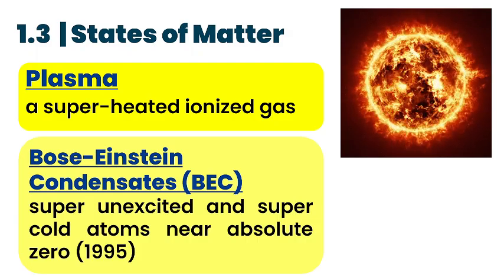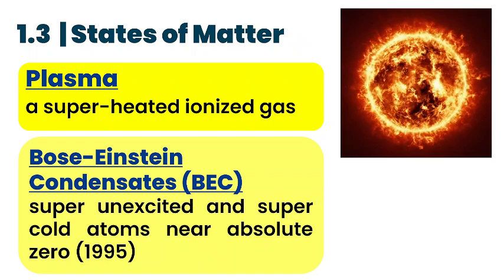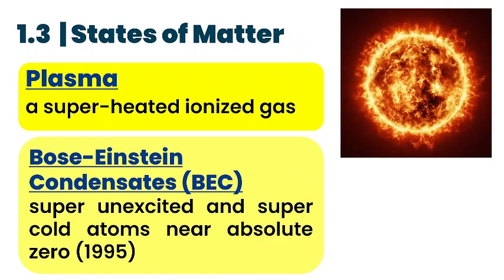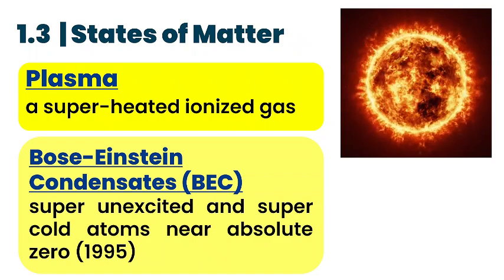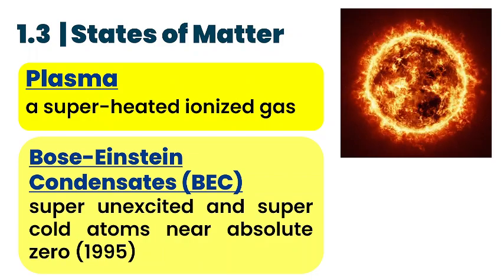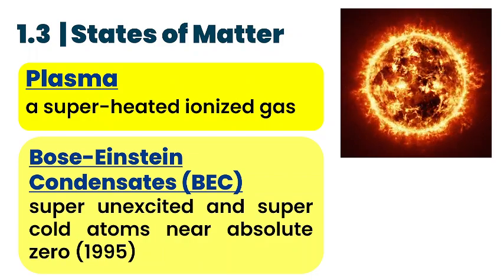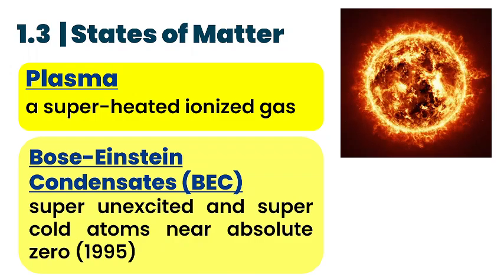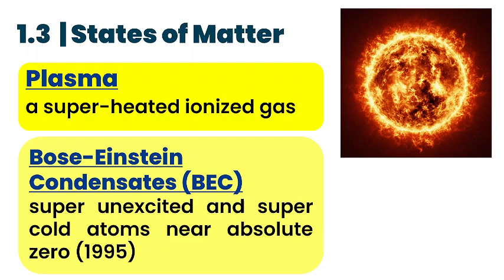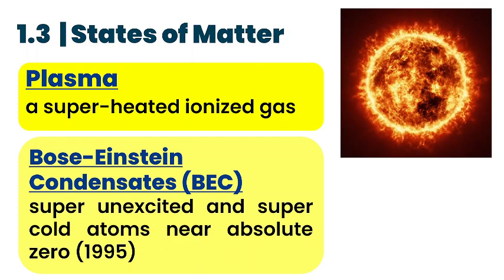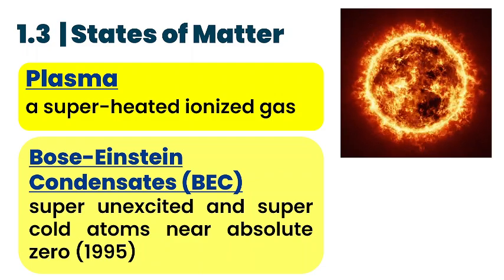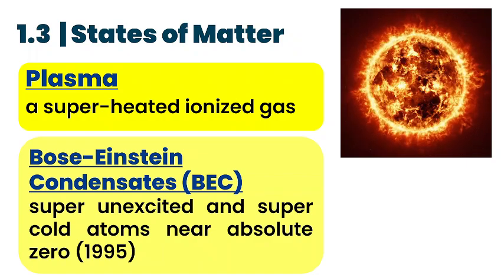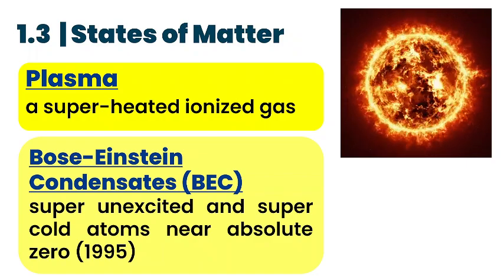A fifth state is called Bose-Einstein condensate, or simply BEC. BEC is composed of super unexcited particles. In chemistry, when we say unexcited, this means that the particles in BEC have very low energy, and they exist in super cold conditions, and that's why sometimes we call them super cold atoms.